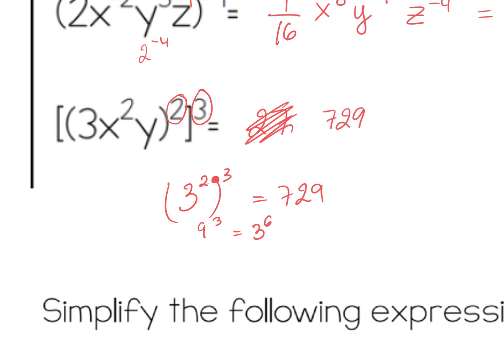So that means you can multiply the exponents first and then raise the number to the power of that exponent. So x to the power of 2 times 2 times 3. So 2 times 2 is 4. 4 times 3 is 12. So x to the power of 12. Y to the power of 1 times 2 times 3, y to the power of 6.